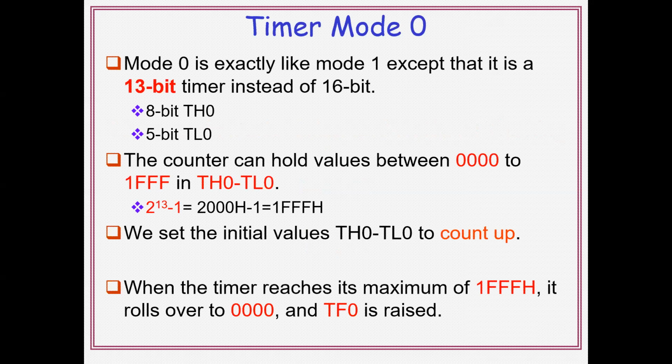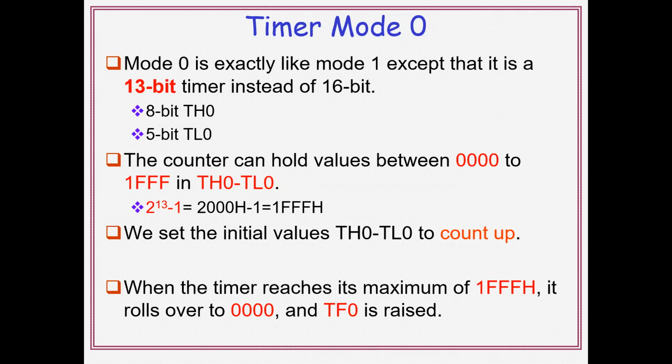Mode 0 is exactly like mode 1 except that it is a 13-bit timer instead of a 16-bit timer. In this 13-bit timer, 8 bits come from TH0 and 5 bits from TL0.